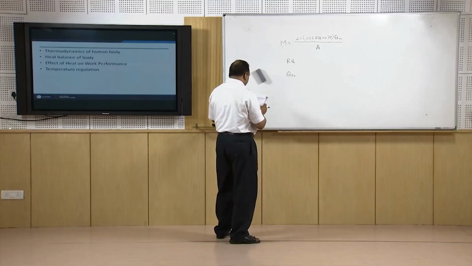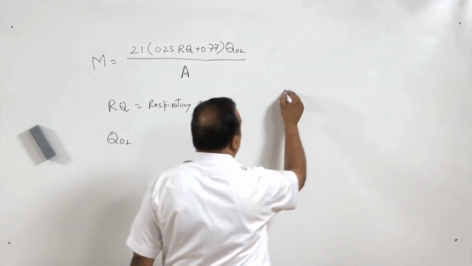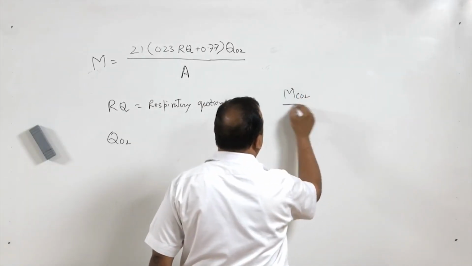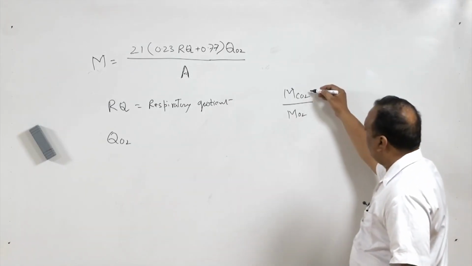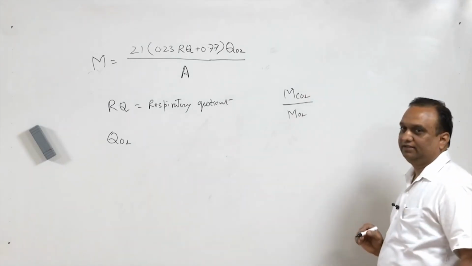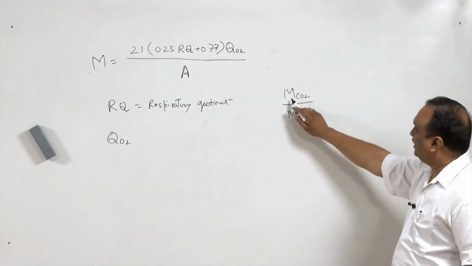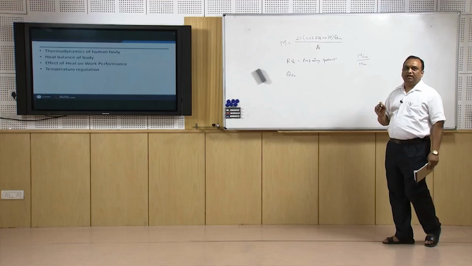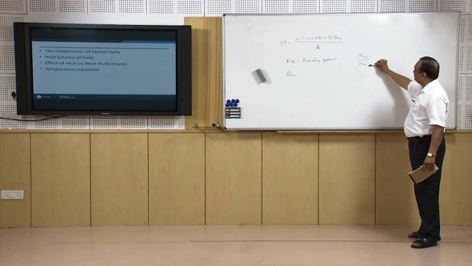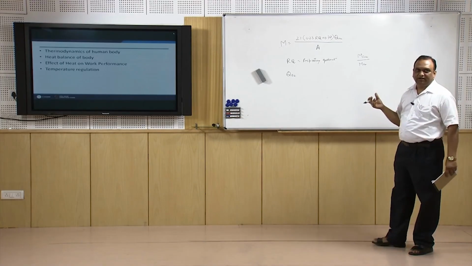Now RQ is the respiration quotient, molar ratio of CO2 exhaled and oxygen inhaled. Normally inhaled and exhaled gases are measured in volumes, liters or milliliters.